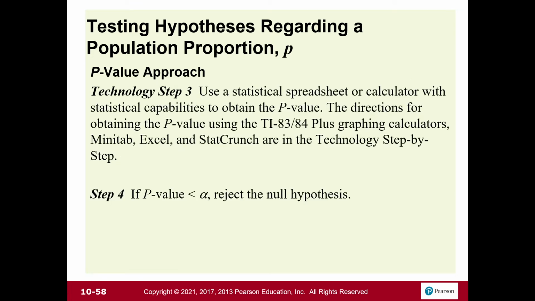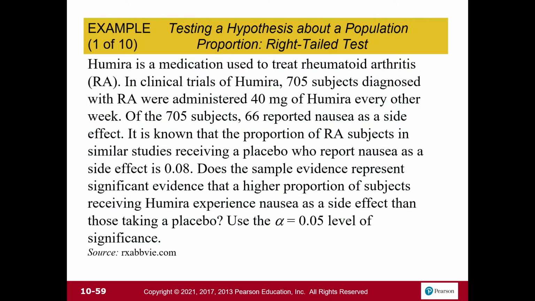All right, so technology will calculate the hypothesis test for us. Both StatCrunch and the TI-84s work. So here's an example. Humira is a medication used to treat rheumatoid arthritis, or we call it RA.